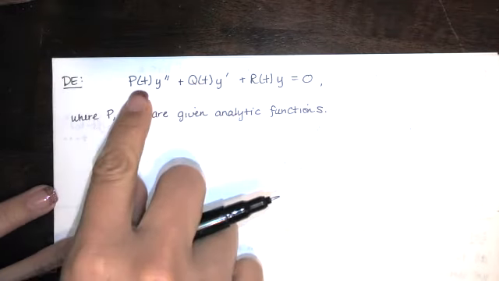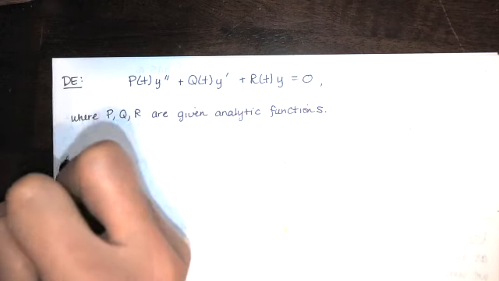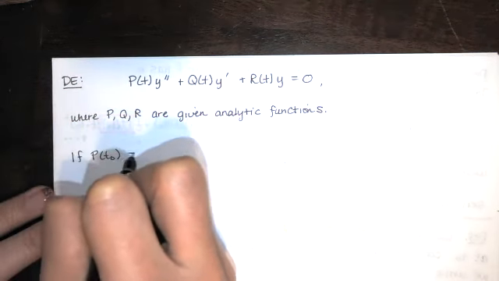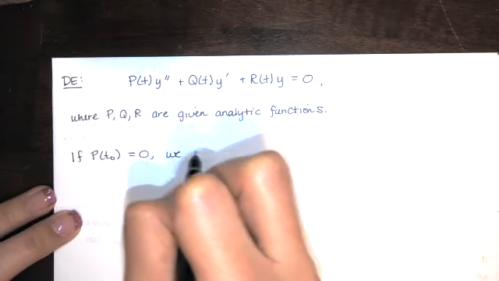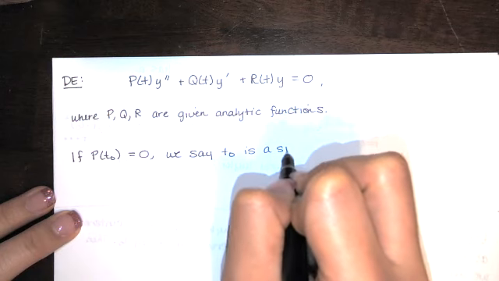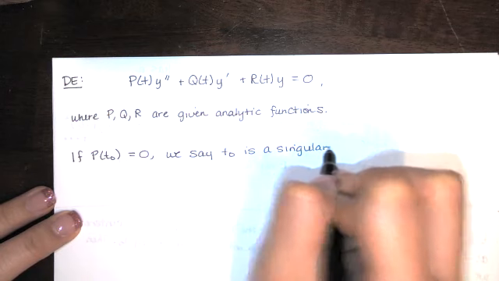Now, if P of t naught is equal to 0, we say that t naught is a singular point of the differential equation.